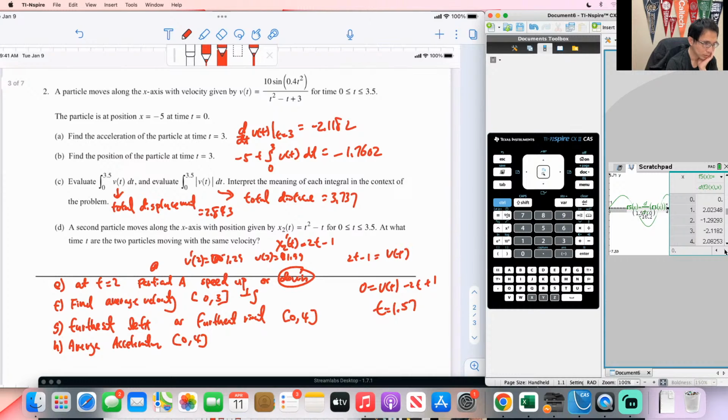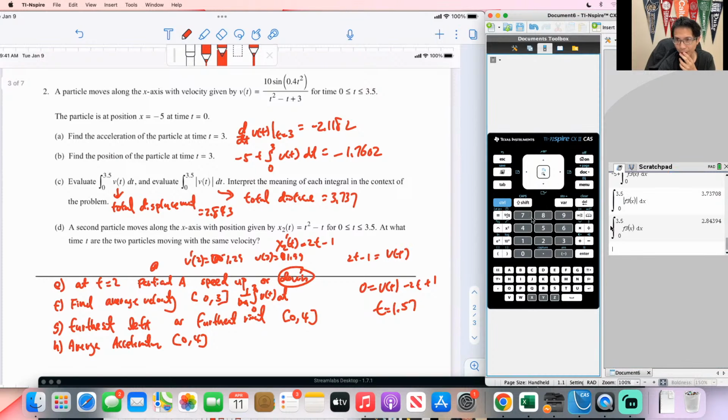Position B minus position A over B minus A. Yeah, but you have to integrate the velocity because you don't have position functions. So you integrate V of t between 0 to 3. I'm gonna go ahead and do that. I'm gonna do control plus between 0 to 3.